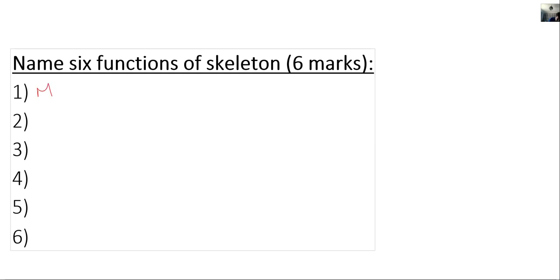So, M, S, P, M, S, B, I reckon. Actually, you might call them slightly different things to what I've put on the screen, but we shall see. Got about 30 seconds to go on this task.